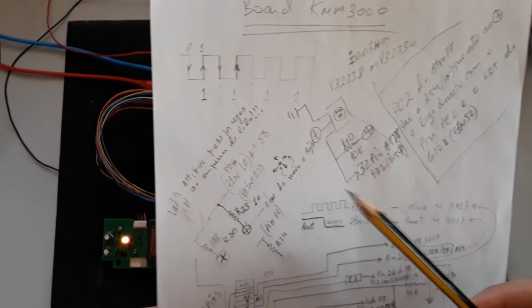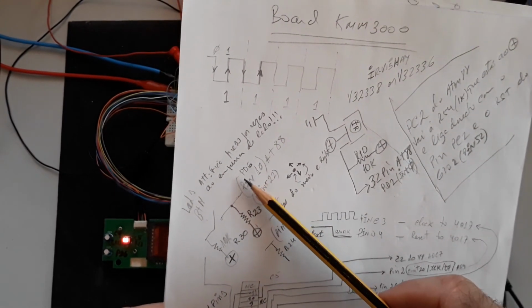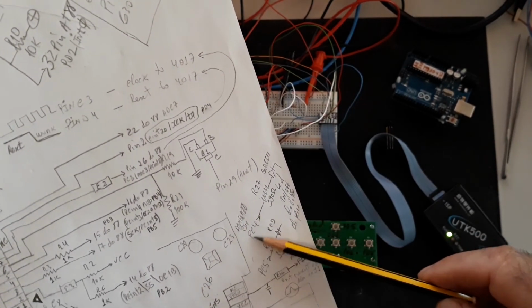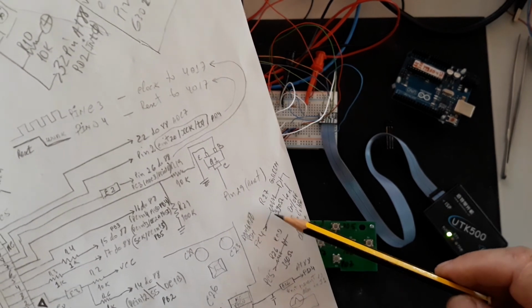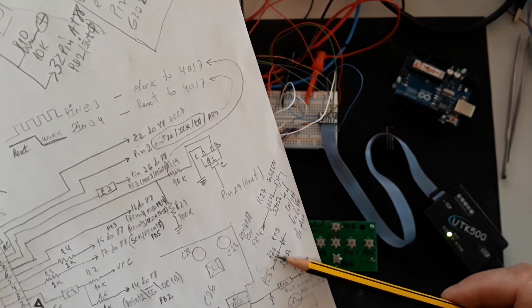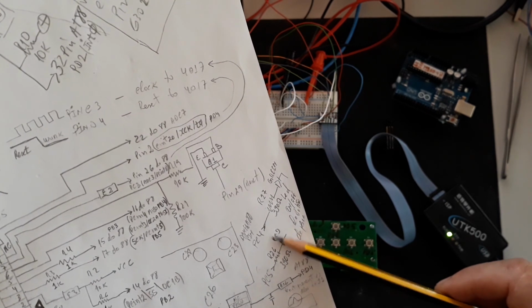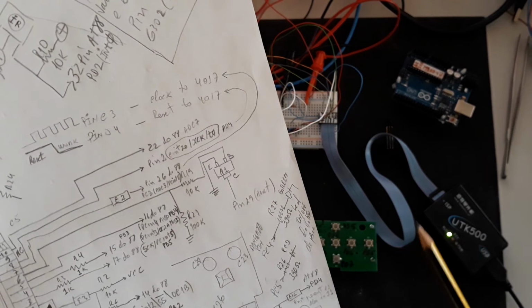Also, I'd like to tell you that PD6 is the power button, and the LEDs come from pins PC4 and PC5 of the processor and go through R27 and R26. PC5 controls the red LED and PC4 controls the green LED, okay?